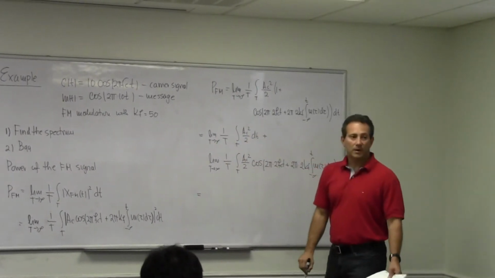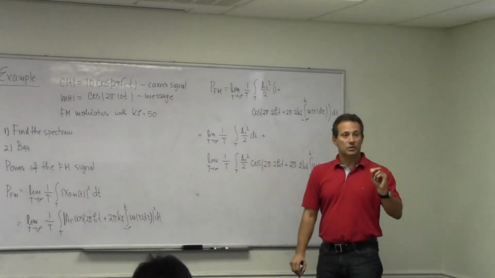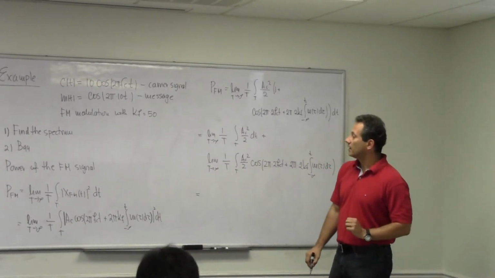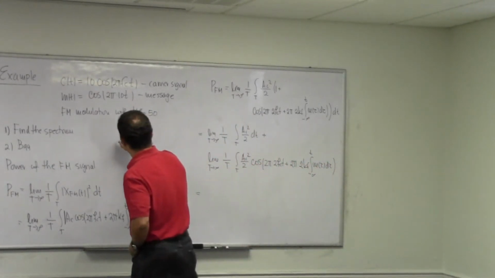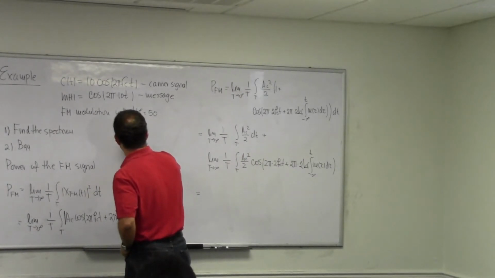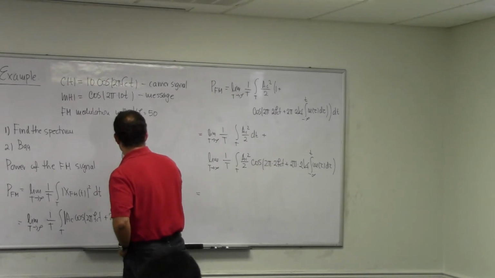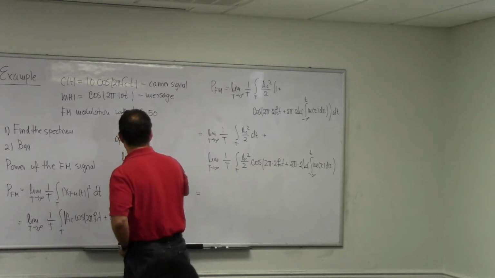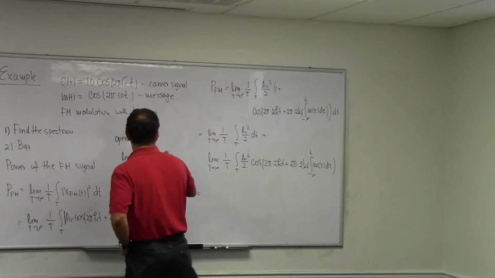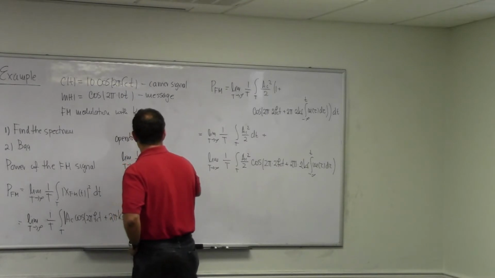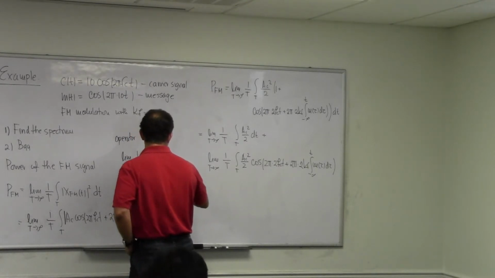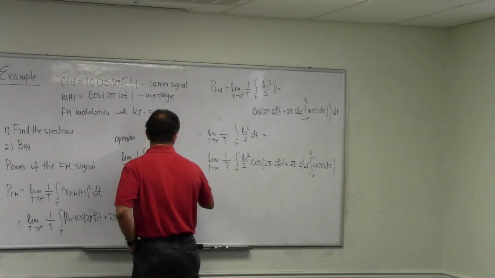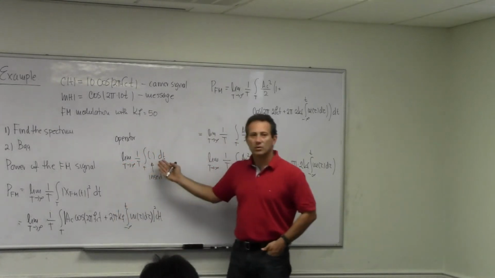What you need to remember, and put this as a note, is a very helpful reminder. What does this operator do? The limit when t goes to infinity, 1 over t, integral over t, dt, when you insert something here, what does this operator do?